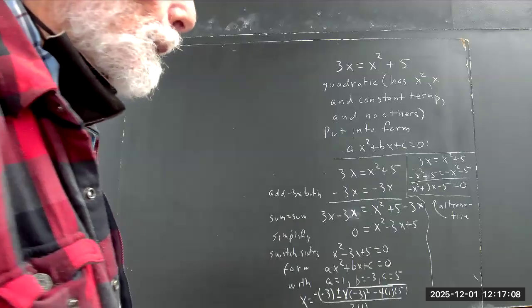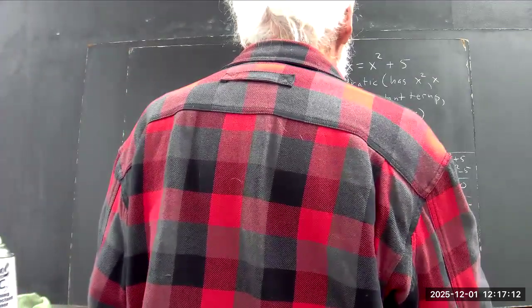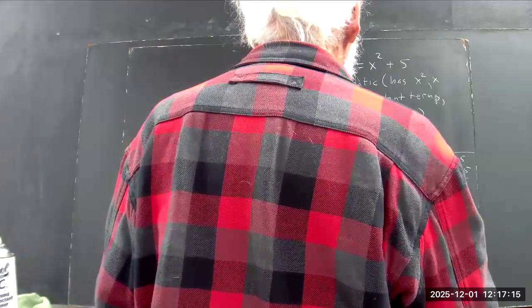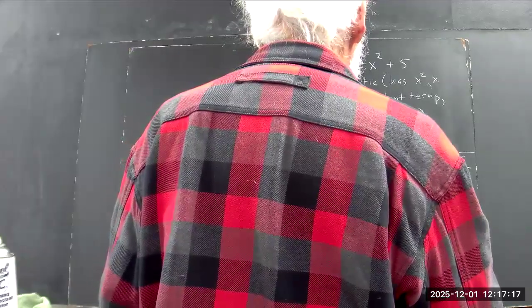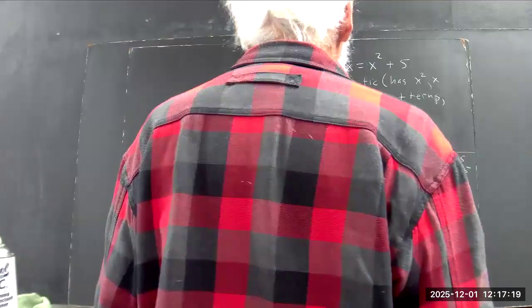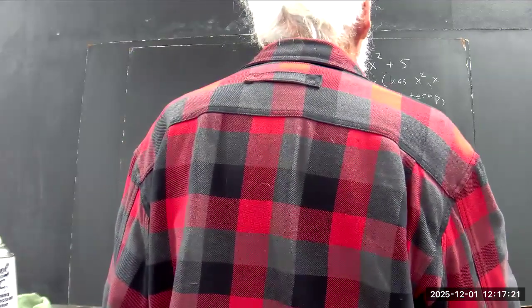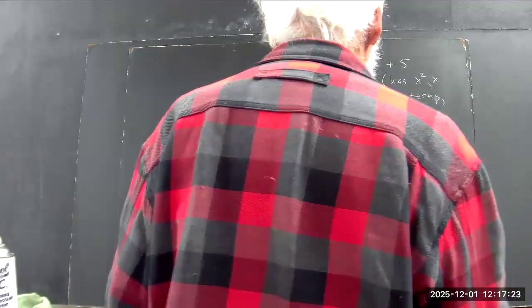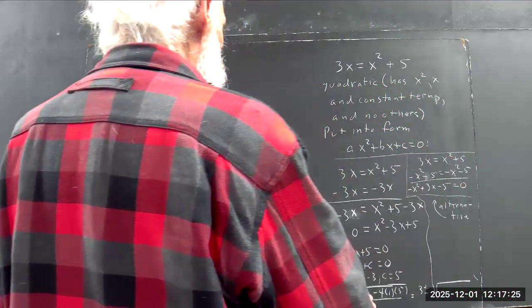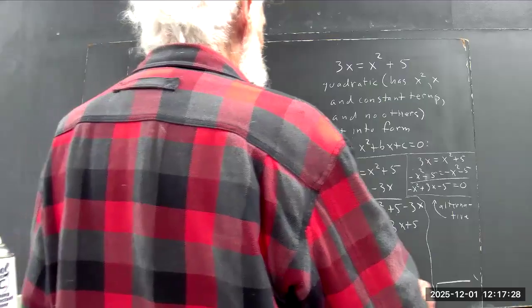And we can evaluate this without doing the arithmetic. We get 3 plus or minus the square root of, that's going to be 9, and that's going to be minus 20.